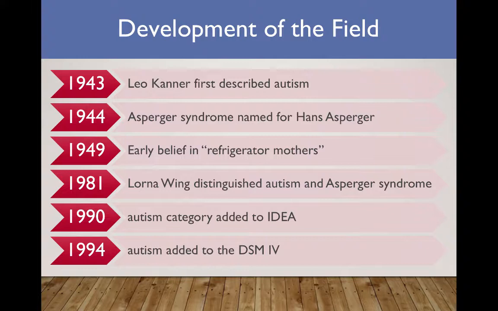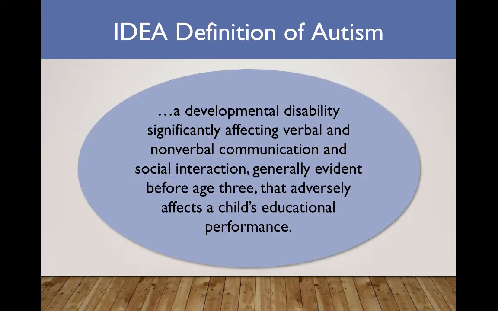We added autism and traumatic brain injury. And then in 1994, autism was added to the Diagnostic and Statistical Manual 4. We're now up to the Diagnostic and Statistical Manual 5, but we added autism to that manual as well. So what's the definition under IDEA?